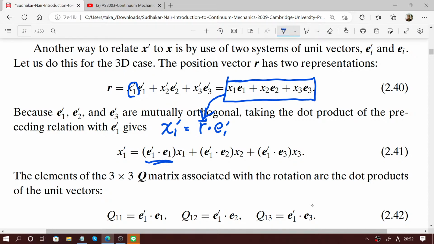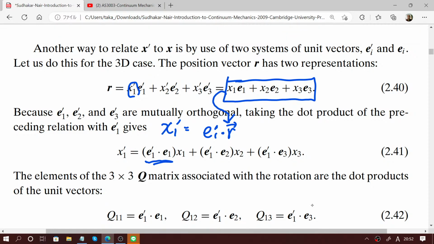Maybe we can write E1 prime dotted with R. Then we put the R expression here.